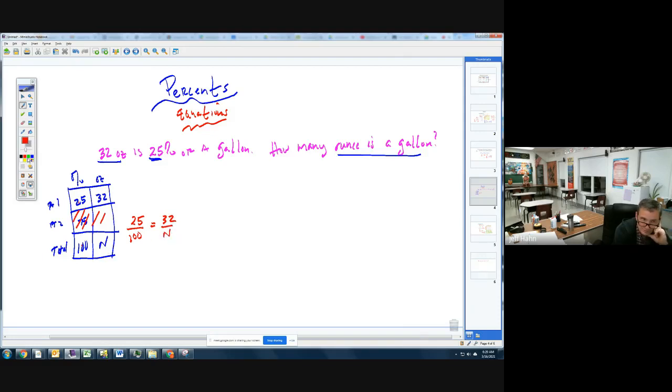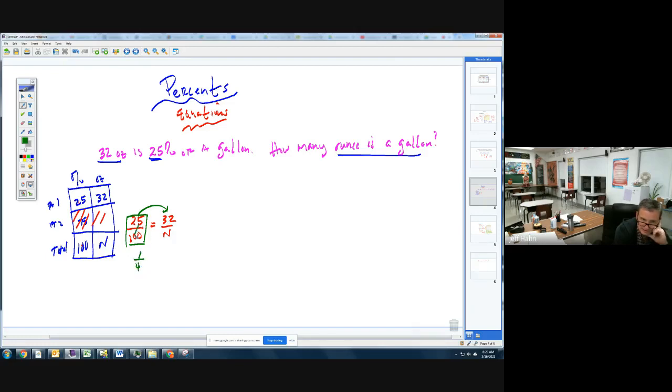Now, hopefully you can see this. Step number one is you always look to see what times 25 gives me 32, and that doesn't work out. But hopefully you can see that this fraction could be reduced. 25 over 100 is 1/4.